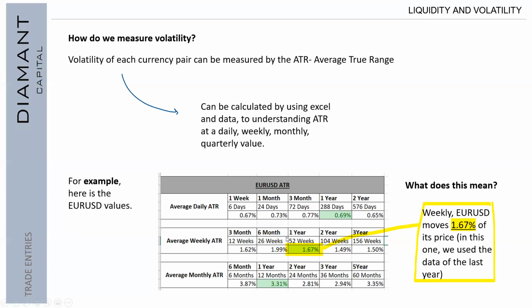So if the price right now for Euro USD is 1, it will change by 1.67% that week. So we can expect that kind of volatility, that much price movement.